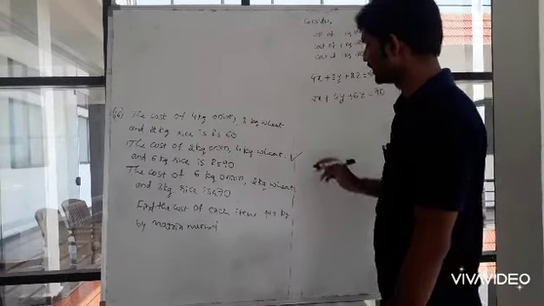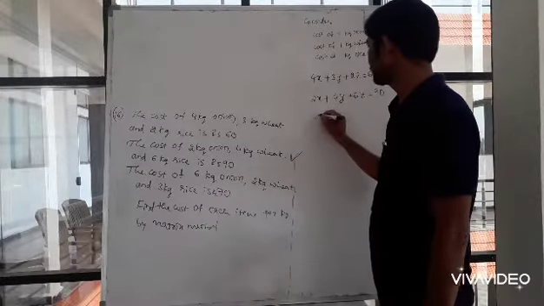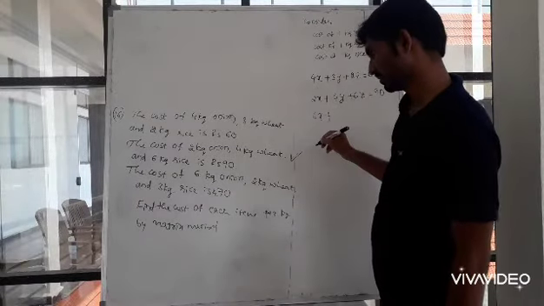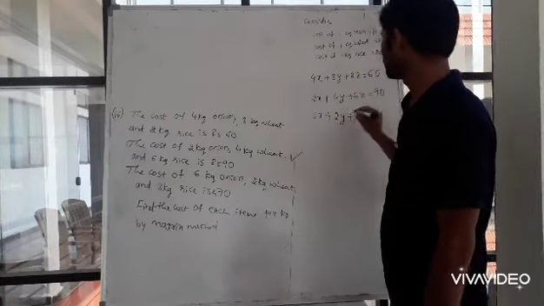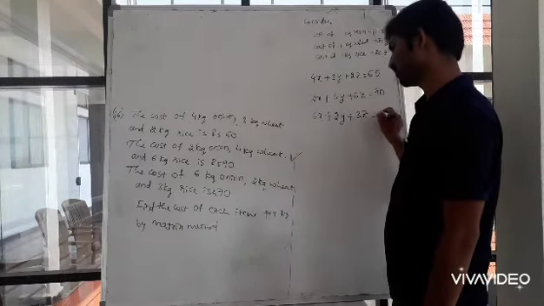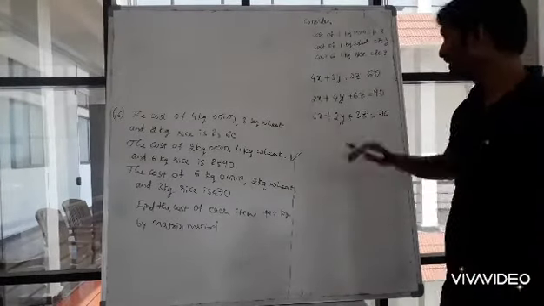Next, the cost of 6 kg onion, 6 into x, plus 2 into y plus 3 into z, which is equal to 70. So it is in terms of equations.